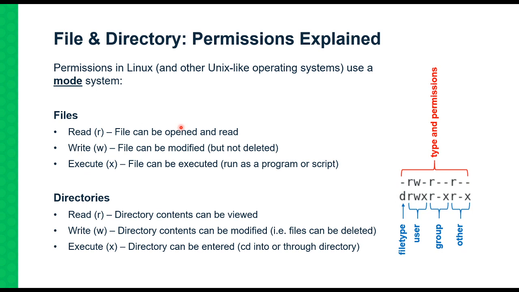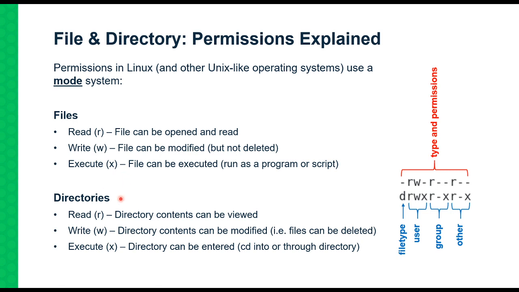A file can be opened and read with the r permission. Then a w permission: a file can be modified but not deleted. Then the execute permission: a file can be executed, run as a program or a script. So to execute a file, the execute permission must be enabled.